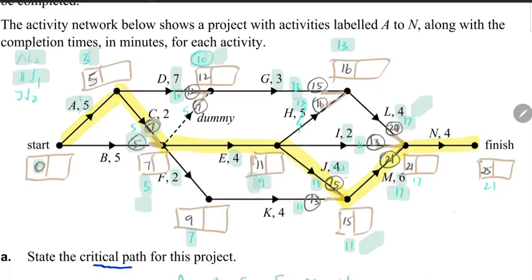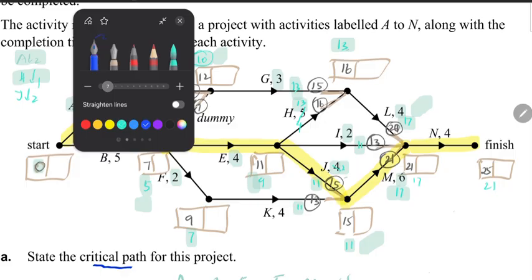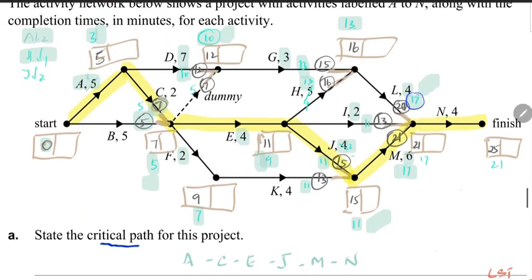So of the three values that we have at the edge over there, which are currently 17, 11 and 17, we choose 17, and 17 plus 4 is 21. So here we can see that we have also reduced J by 2. So these are the activities that we've reduced, and we have a new minimum completion time of 21 minutes.